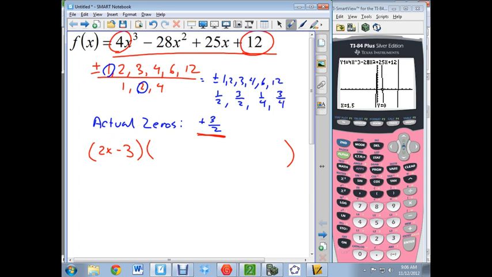So I'm going to put the positive 3 halves, that is my root, in the box, and then I'm going to put 4, negative 28, positive 25, and positive 12 outside the box. Now doing some basic calculation, I bring down the 4. 3 halves times 4: 3 times 4 is 12, divided by 2 is 6.